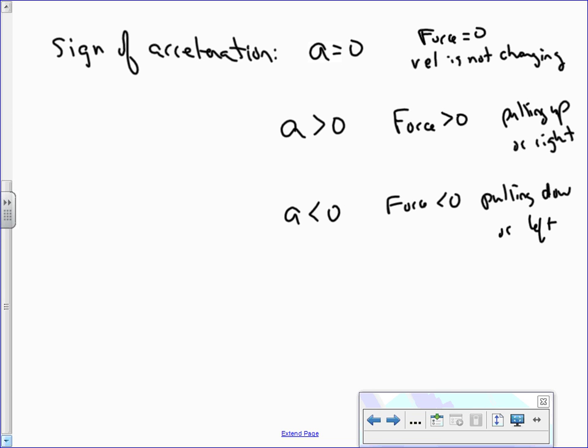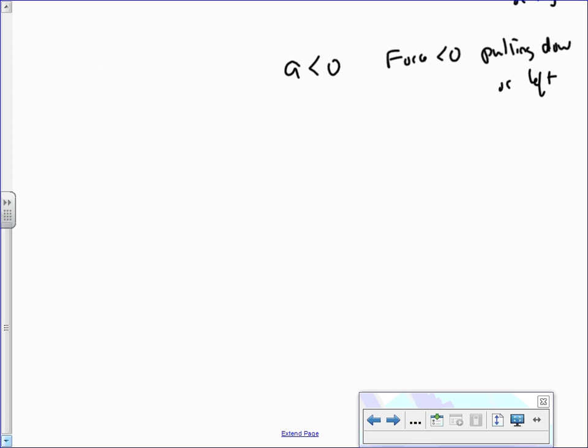Okay? And now we're going to put these two things together. And this is where it would be really nice to have a skateboard down here. No, I don't. Okay? Just imagine me on a skateboard. And I'm cruising along, nice and steady, nice and steady. And then Grace, the little devil, comes up behind me and gives me a shove.